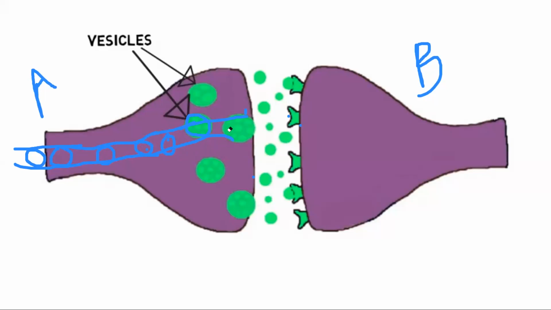The moment the vesicle gets to the base of the terminal button, like this green vesicle that just got to the base, it will release the neurotransmitter.